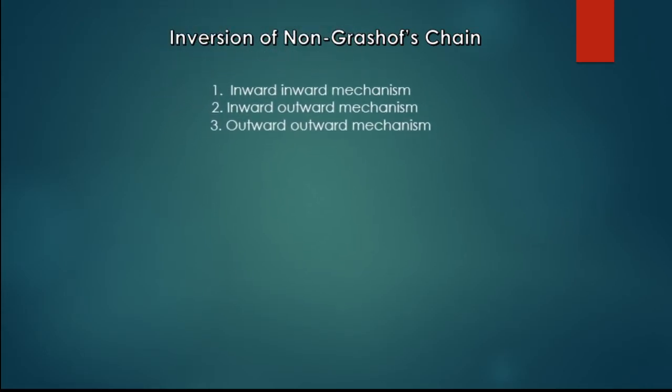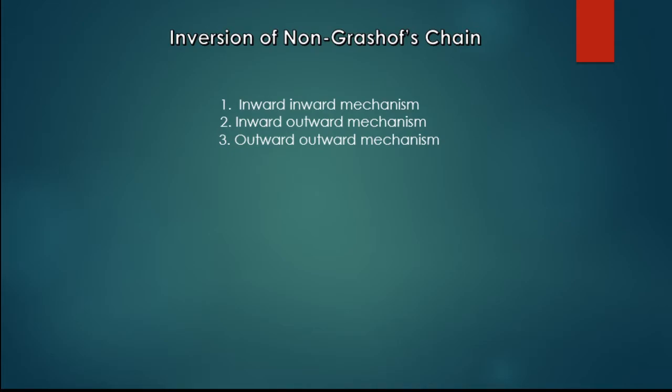So sa in non-Grashofs, pwede siya it's more than by 180 degrees and cross the frame line to make a mirror image configurations. So we have these examples. So inward mechanisms and inward outward mechanisms and outward mechanisms.